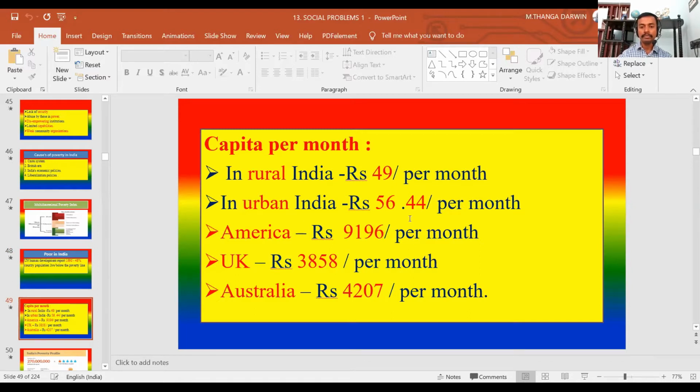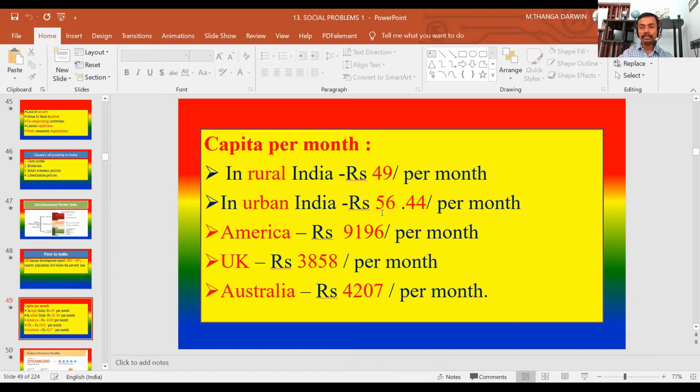Urban, 56.44. America, 9,196. UK, 3,858. Australia, 4,207. So just imagine, in a developed country how much a person earns.